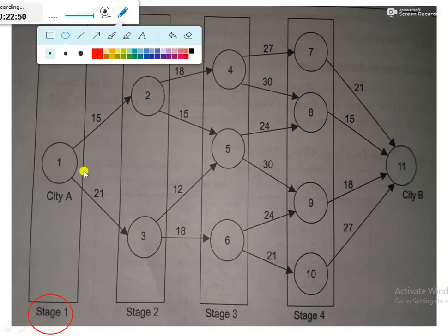Suppose the traveler opts for route 1-2, then it will take 15 hours of journey, and if he opts for route 1-3, then it will take 21 hours. The rectangular structures in this graph show the particular stage of the problem, and the circles denote the states or options available to the decision maker or the traveler.